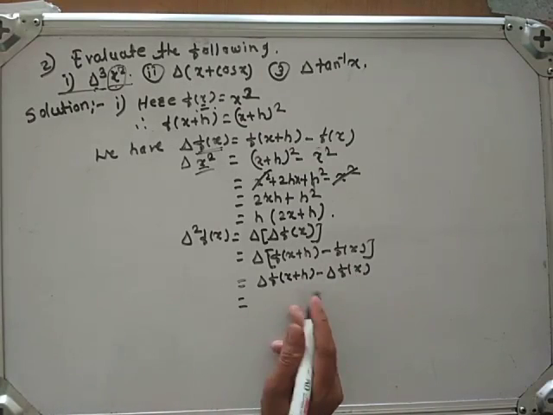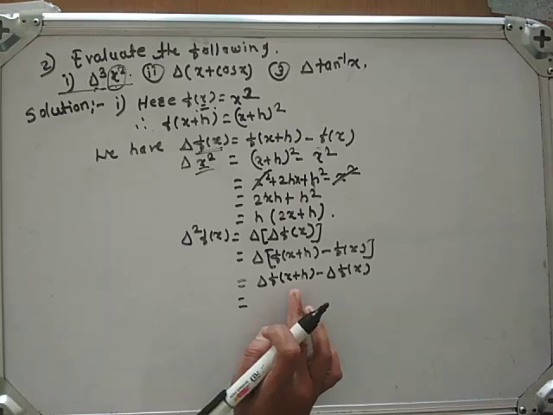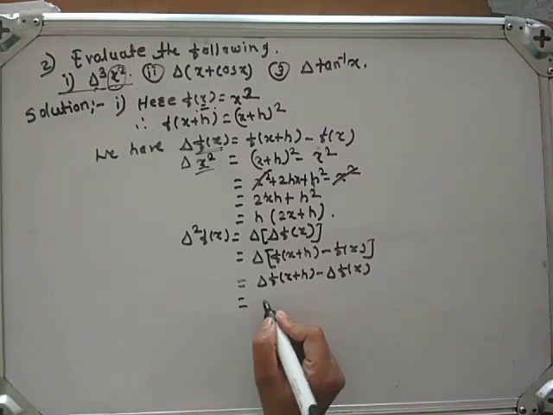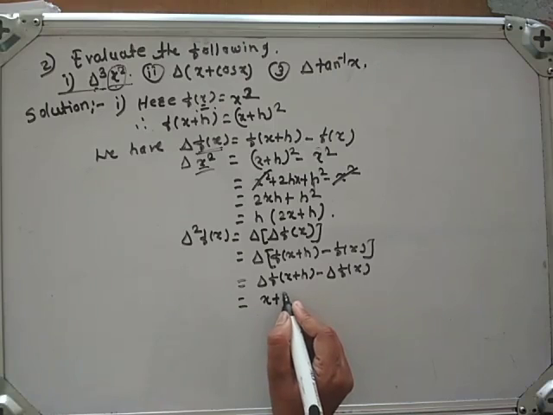Here, delta f of x plus h is x plus h square.